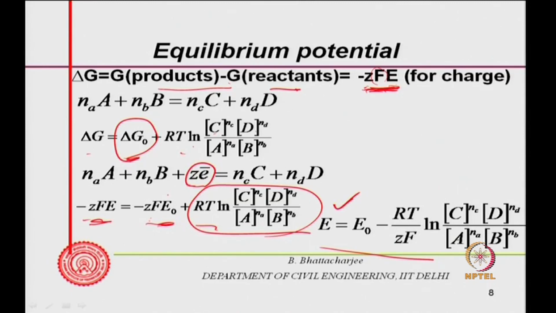In an electrochemical reaction, charge transfer takes place. The electrode potential can be written in terms of the standard electrode potential, that is the electrode potential under standard conditions, and can be expressed in terms of the concentration of the species involved in the reaction.